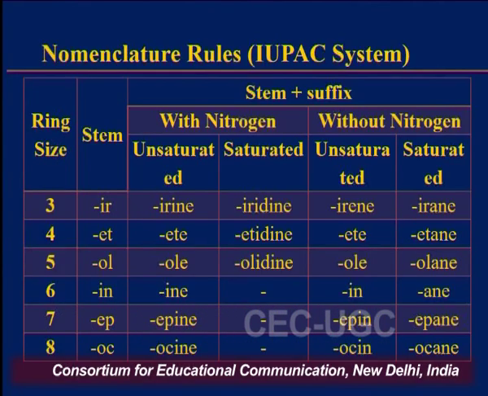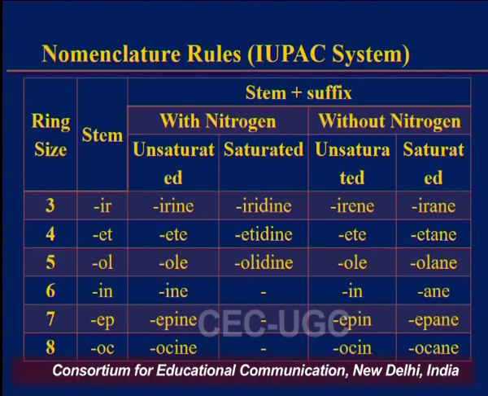For example, if the ring size is 3-member, then the stem is IR. If the ring size is 4, then ET is the stem. If the ring size is 5, then OL is the stem, and for 6-member IN, for 7-member EP, and for 8-member OC.